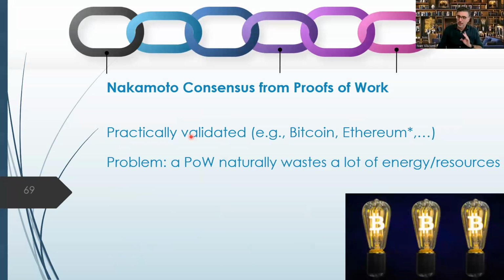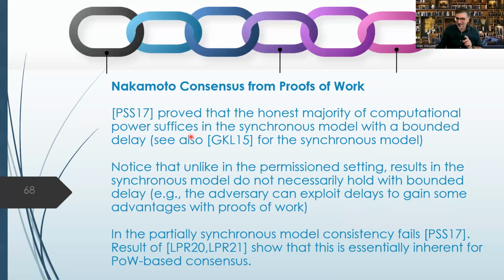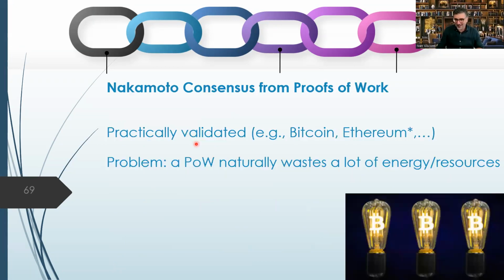All right. So these are papers, right? From theory. Practice is good. So Bitcoin is validated in the sense that it's working. There is great health for Bitcoin. Ethereum has also been a proof of work blockchain, a Nakamoto blockchain, until a few days ago.